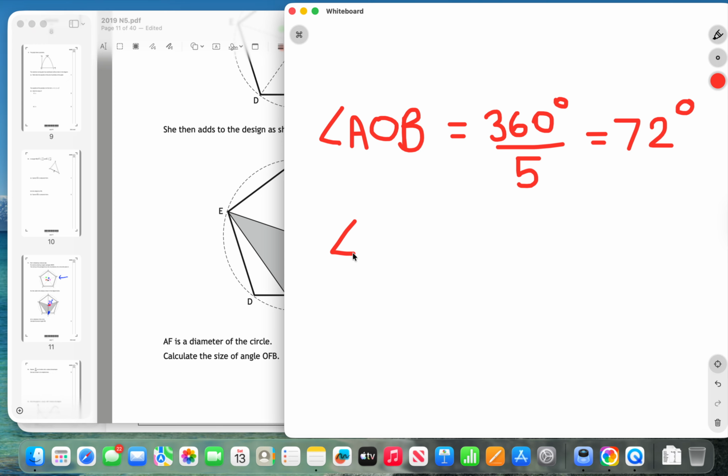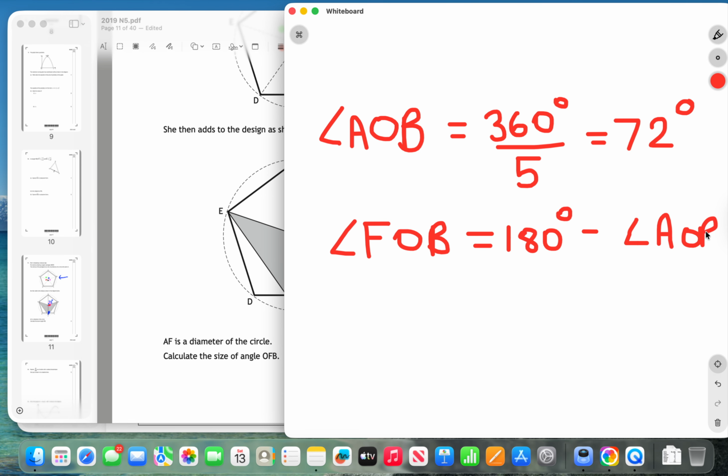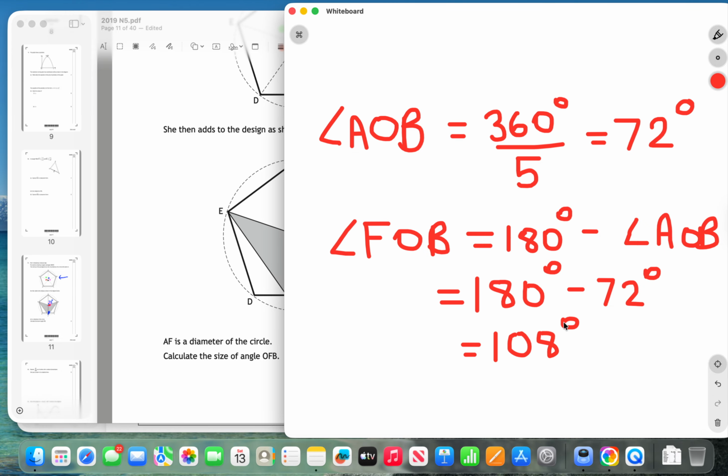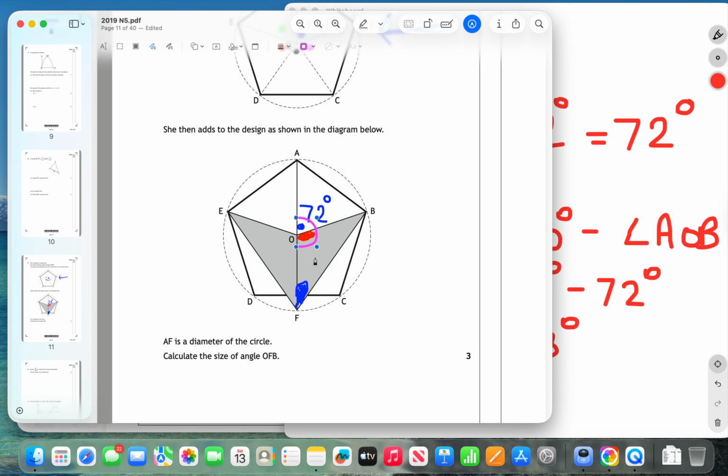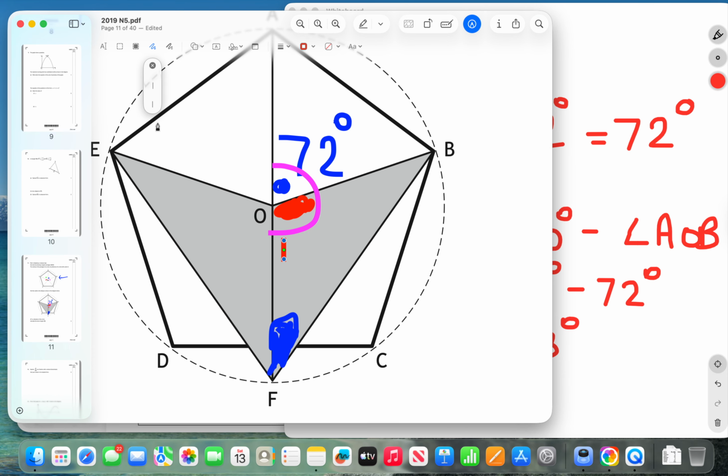So to write that down properly, we say the angle FOB equals 180 minus AOB, that is 180 minus 72, and that's 108 degrees. So we can label that on the diagram.